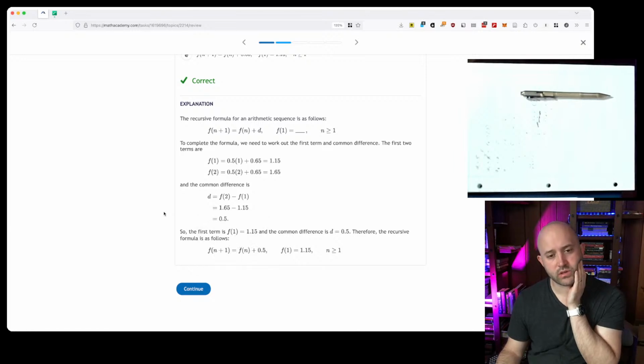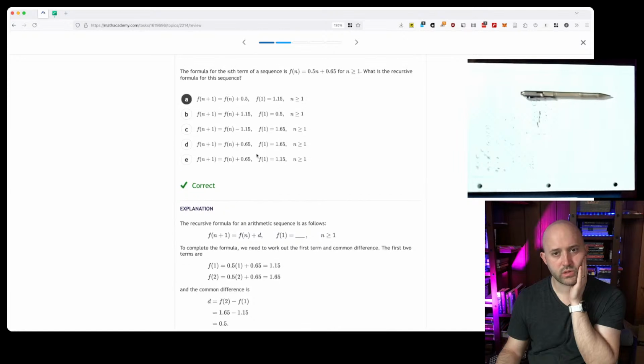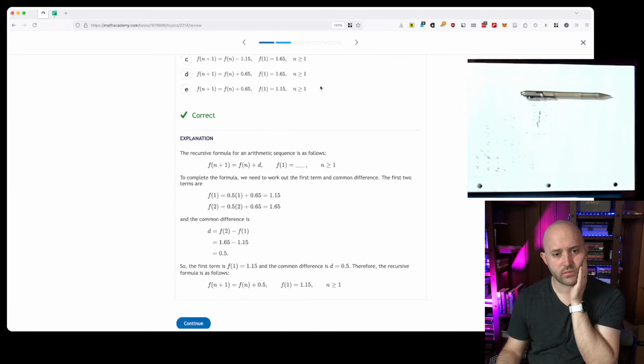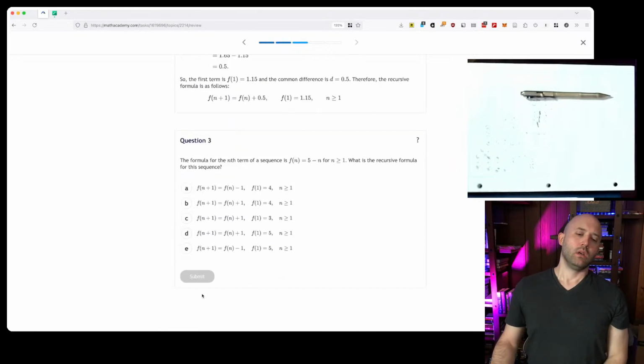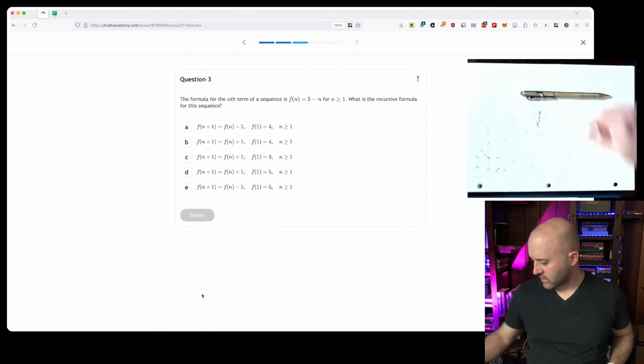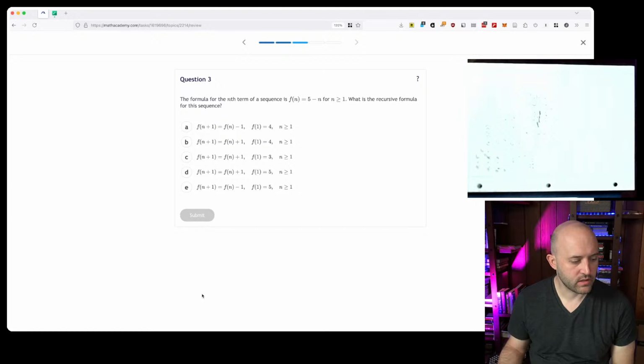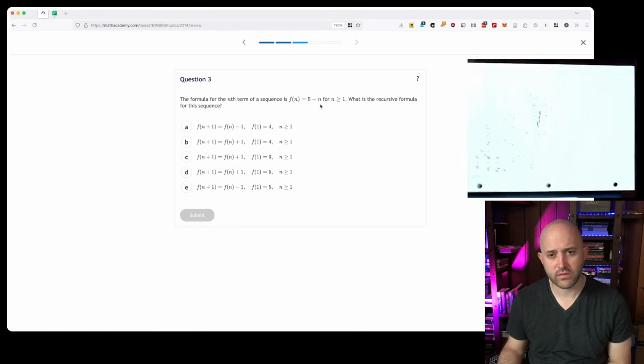Common differences are so and so, which we knew from the recursive formula. They got there in a much more elegant way than I did, but got there nonetheless. The formula for the nth term of a sequence is 5 minus n for n greater than 1.